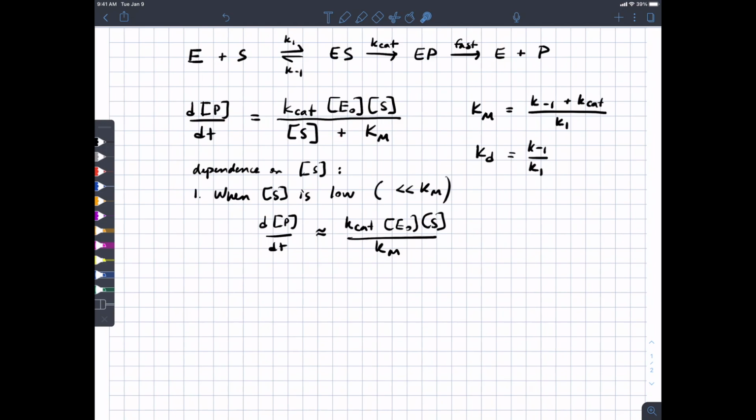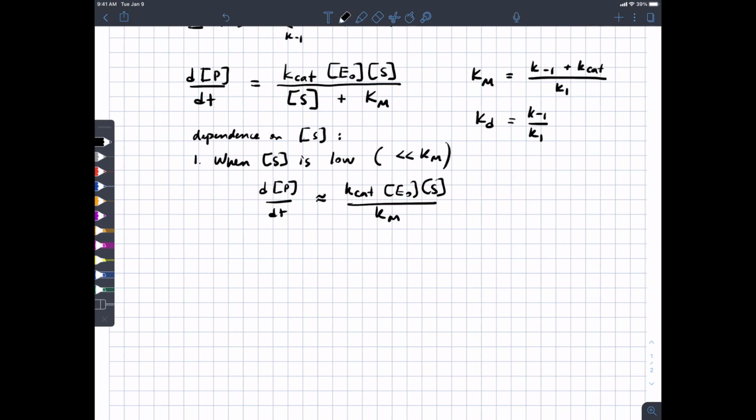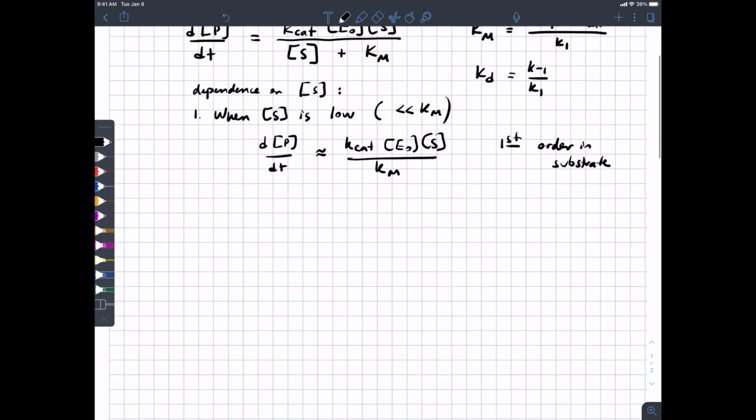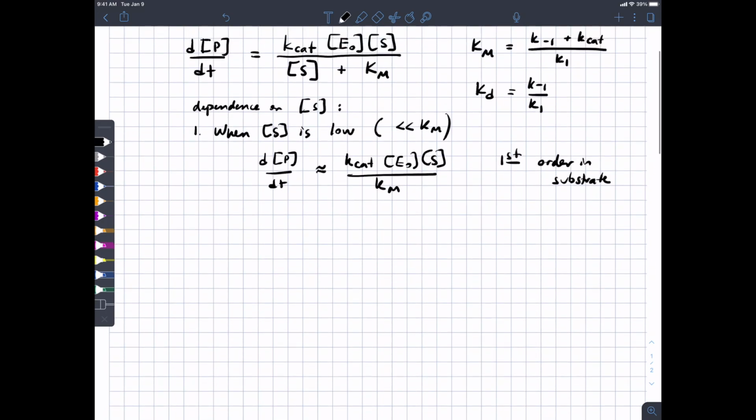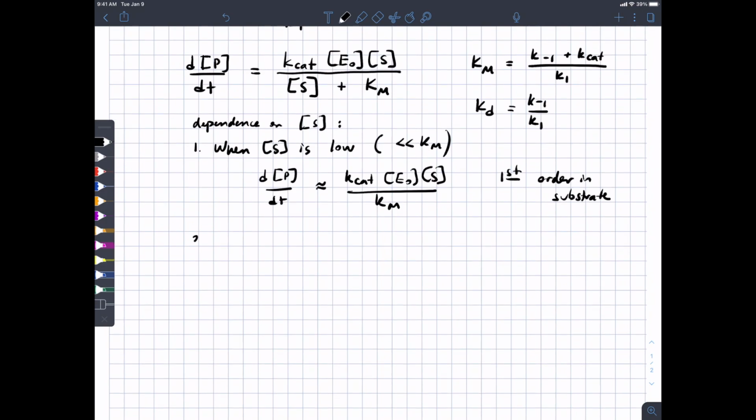And so what that means is if this number is small relative to this number, it's almost like that substrate concentration doesn't matter in the denominator anymore. And so at low substrate concentrations, we expect basically first order in substrate, meaning as you increase substrate concentration, you ought to see basically a linear increase in rate.